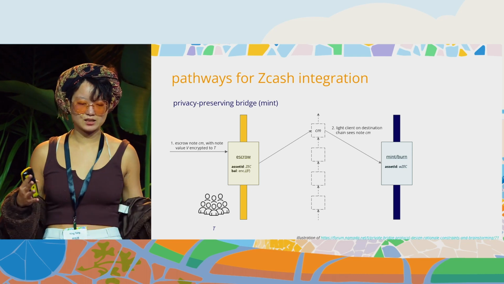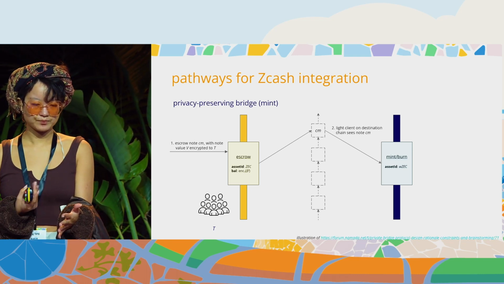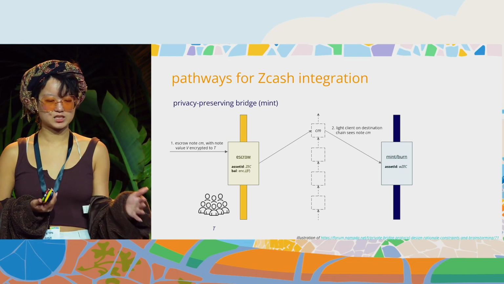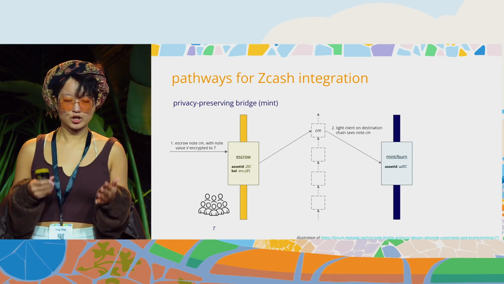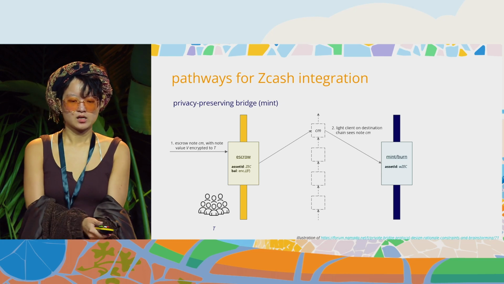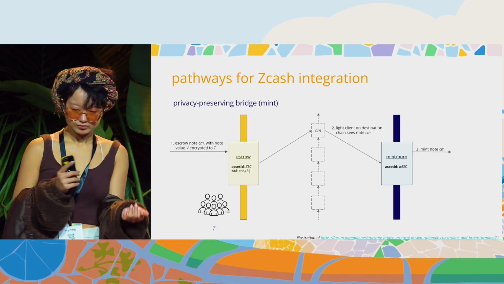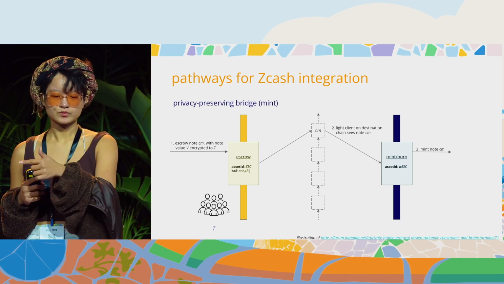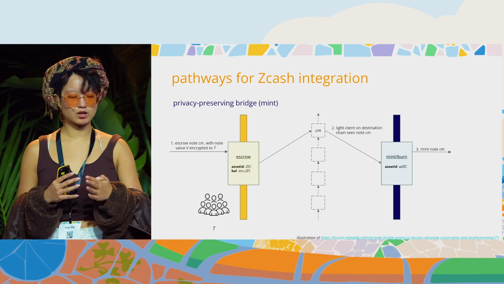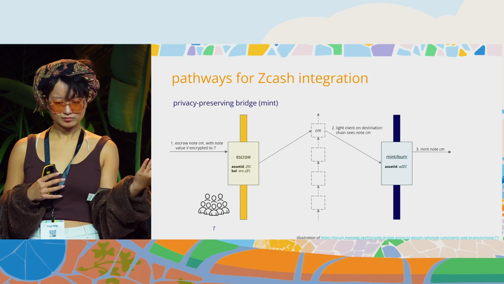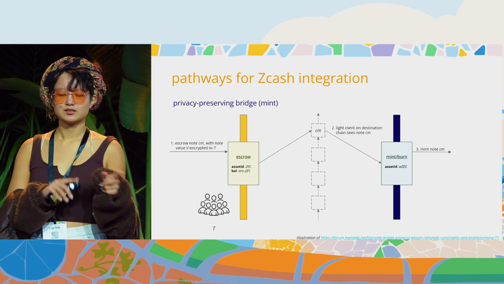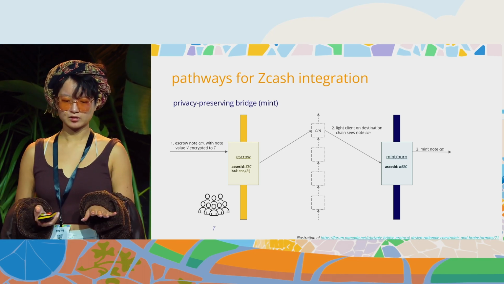So when they see a new note commitment and validate that Zcash consensus has agreed on it, ANOMA proceeds to mint this note on their chain. And so now anyone who knows the note plaintext can spend it on ANOMA. So this direction is pretty simple.